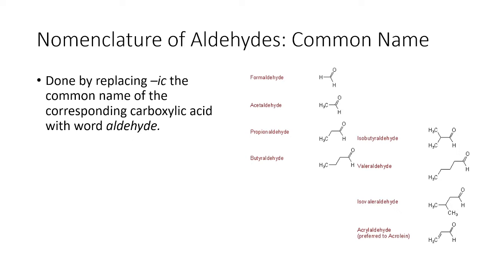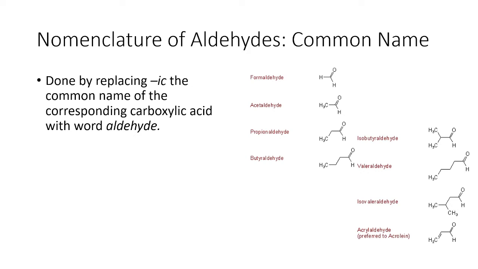So here are some representatives of our aldehydes. We have formaldehyde. That is just formic acid, pinalitan natin yung OH ng H. Then we have acetaldehyde, from acetic acid. Pinalitan lang natin ulit yung OH ng hydrogen kaya siya naging aldehyde.